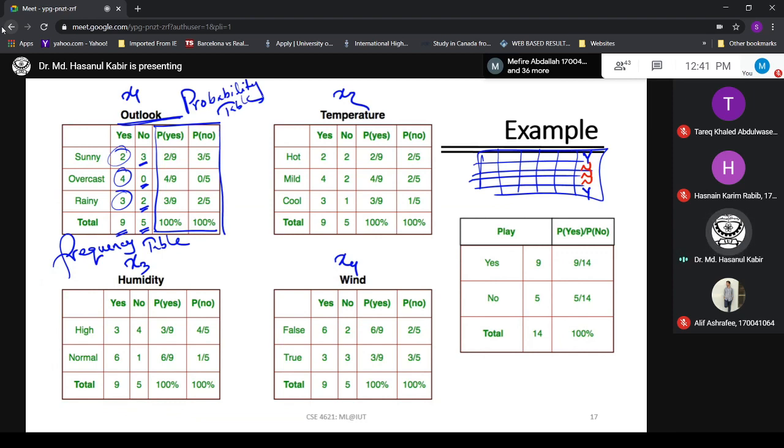So given that you have played, what is the probability that the weather was sunny?